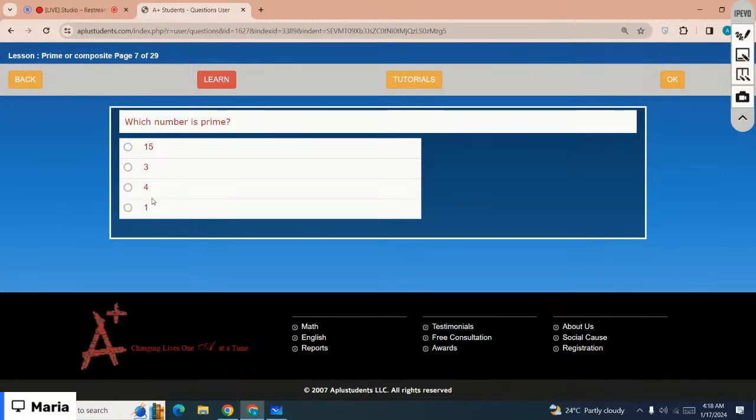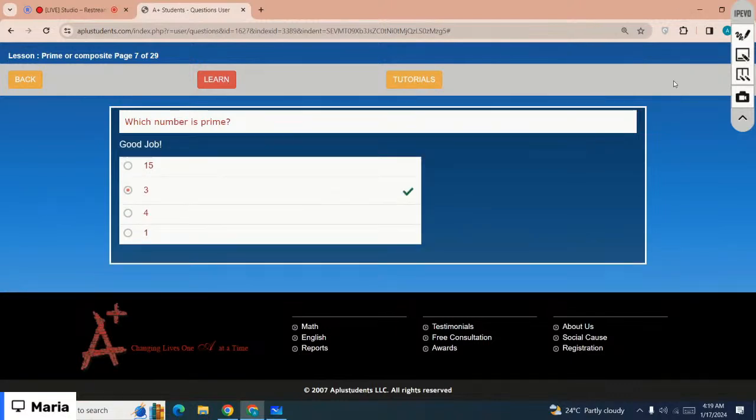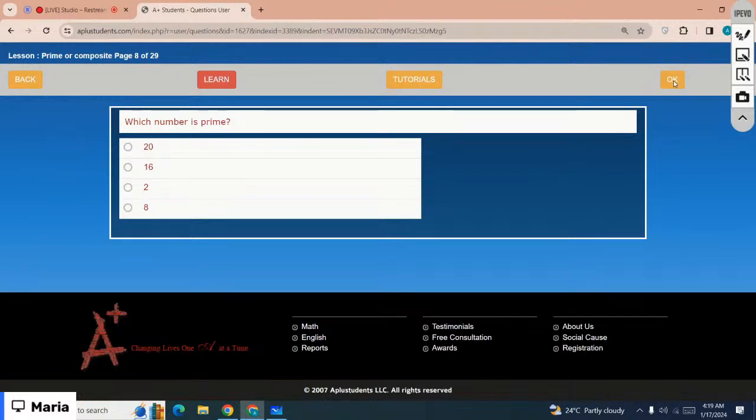What two numbers make 19? Yes, the only prime number here is 3. 2 times what number is 19?